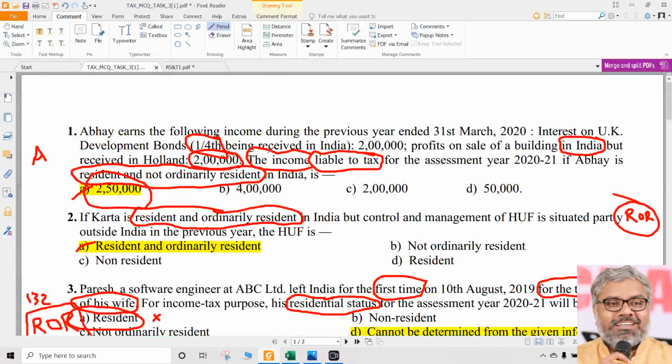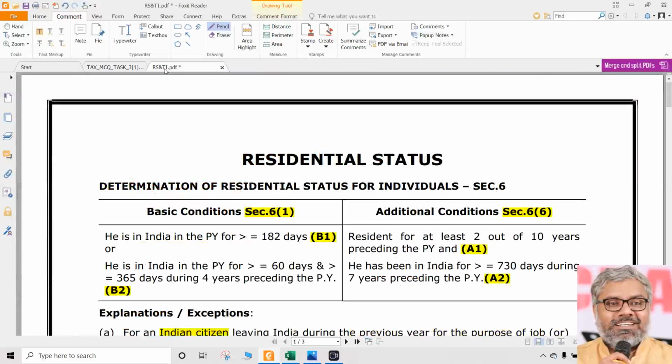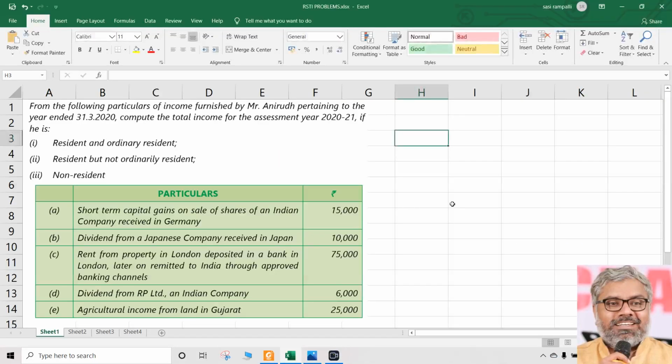The only point is we need to apply those provisions. So very quickly you need to revise all these provisions, remember them well. Then you need to use these provisions in applying them for solving various problems. Right? So that is some of the things that we should know.